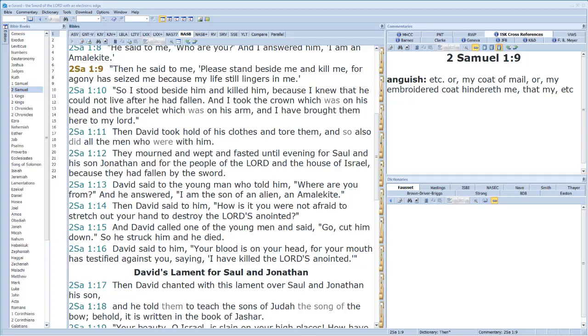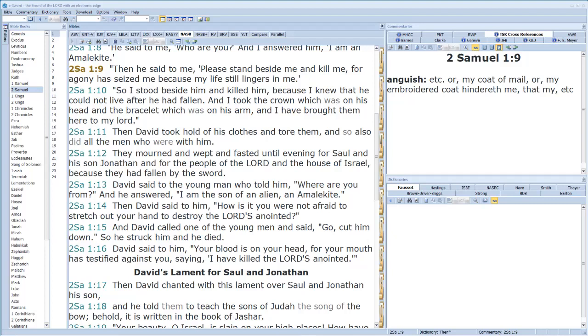Now, as he's dead, it's probably possible, and I'm sure this is what happened, that this Amalekite young man came upon the body of Saul while he was out in the battlefield, and the Philistines hadn't come to spoil the bodies. This Amalekite finds him, and being an Amalekite, who are very opportunistic, that's their nature. That's the way they're brought up.